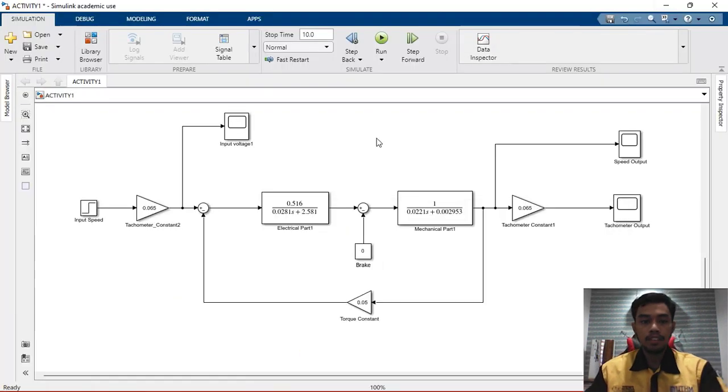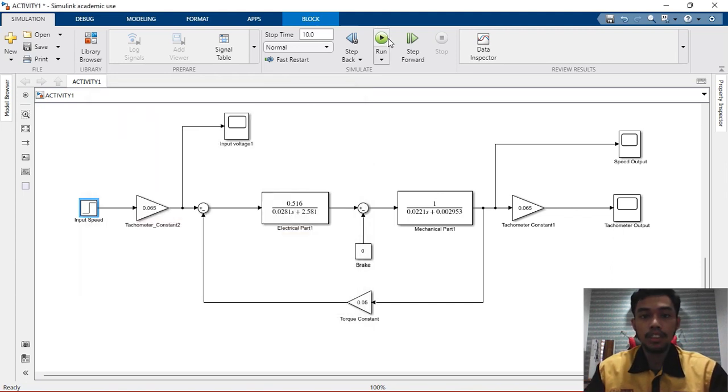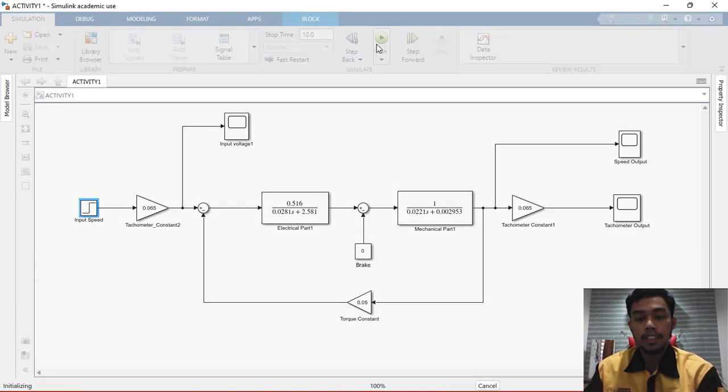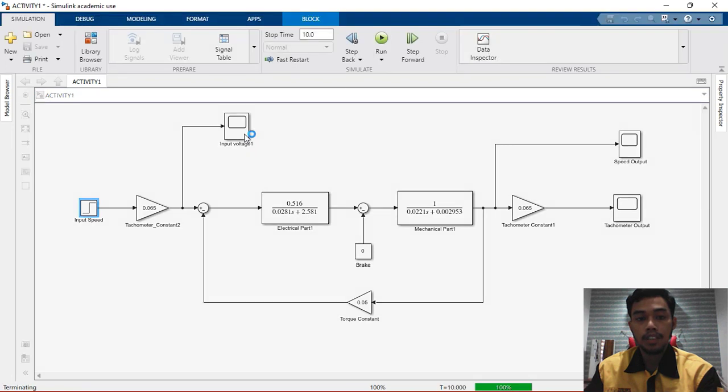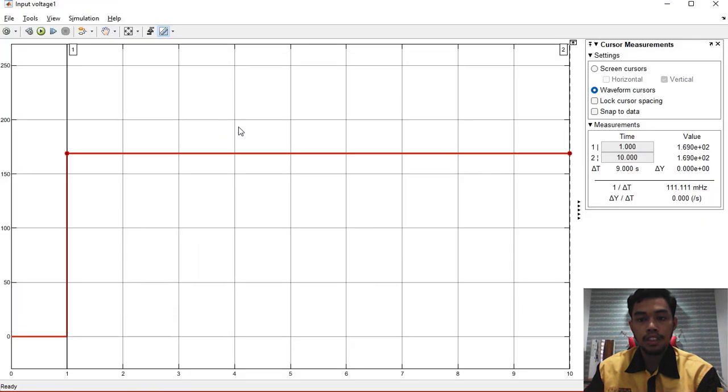Alright. And then I will set the value to the maximum value, 2600. Then we run the simulation. We wait a bit, and then we will see the value of the input voltage. When t equals 10 seconds, it will reach 169 volts.